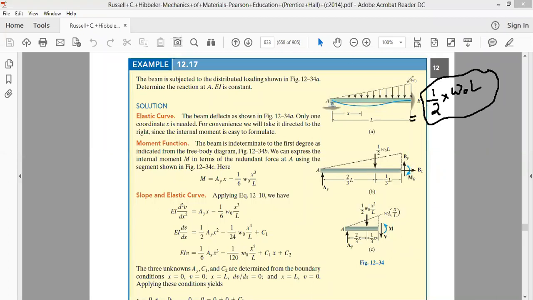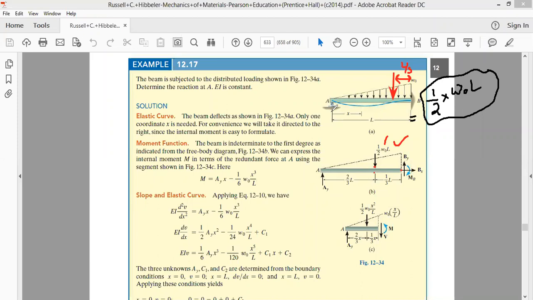We know the centroid of a right angle triangle is at a distance L by 3 from the 90-degree end. Therefore, this entire load can be replaced by a single load of magnitude 1/2 of W naught into L, acting at a distance L by 3 from the 90-degree end. Therefore, this distance will be 2/3 of L.